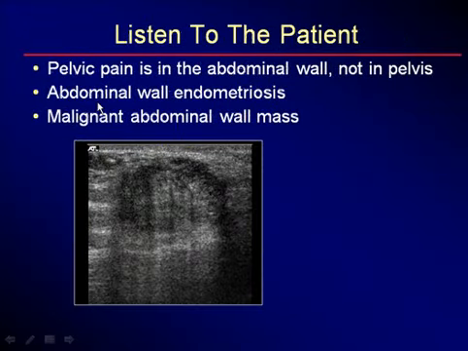Now, as we're scanning the patient, here's where we listen, and in this situation here, the patient is telling us that the pain is not really in her pelvis. It seems that the pain is in her abdominal wall. She came for a pelvic ultrasound, but we change our transducer to a high-frequency linear probe, and we scan the area of pain, which was in the abdominal wall, and here we see a mass.